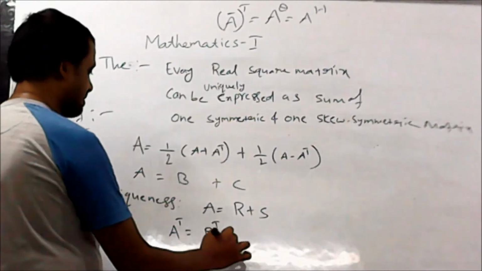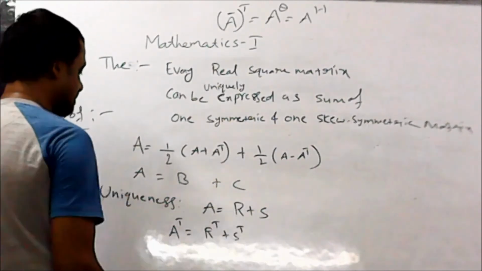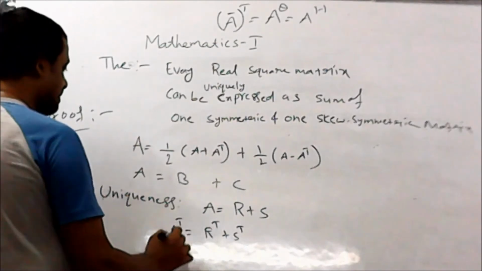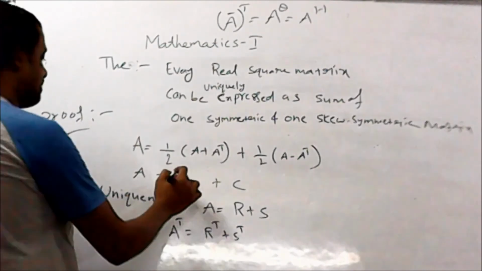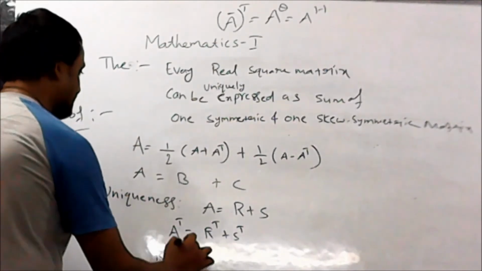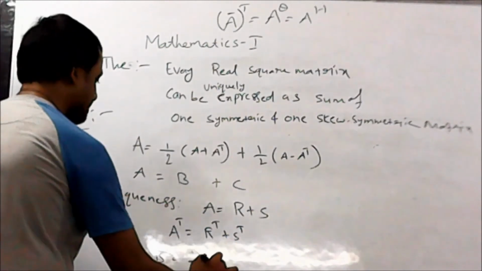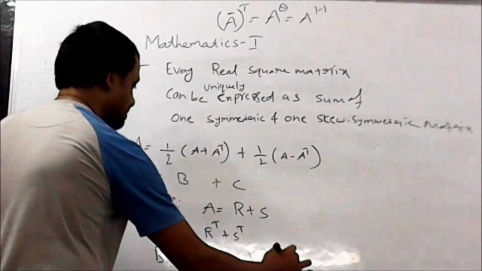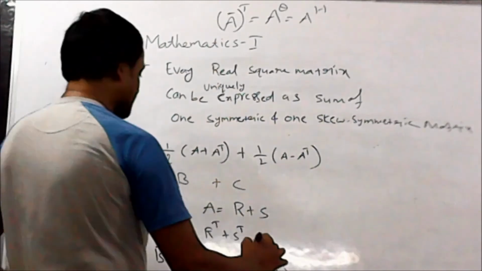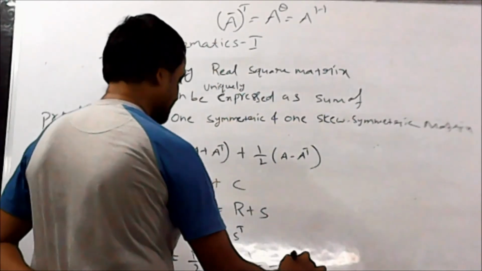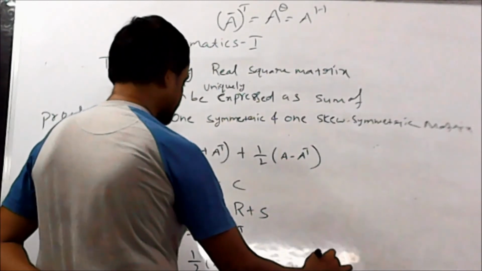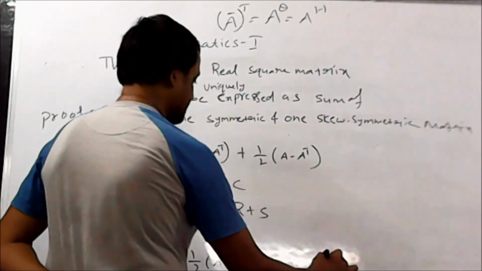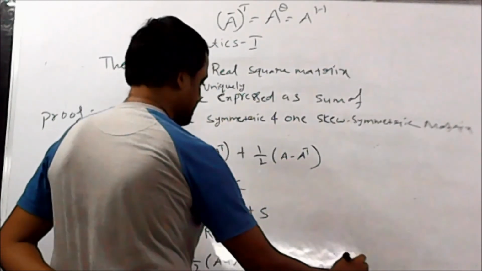We know A and A transpose. What about B? We already took B as 1/2 (A plus A transpose). We substitute what is A, what is A transpose: R plus S as A, and A transpose means R transpose plus S transpose.